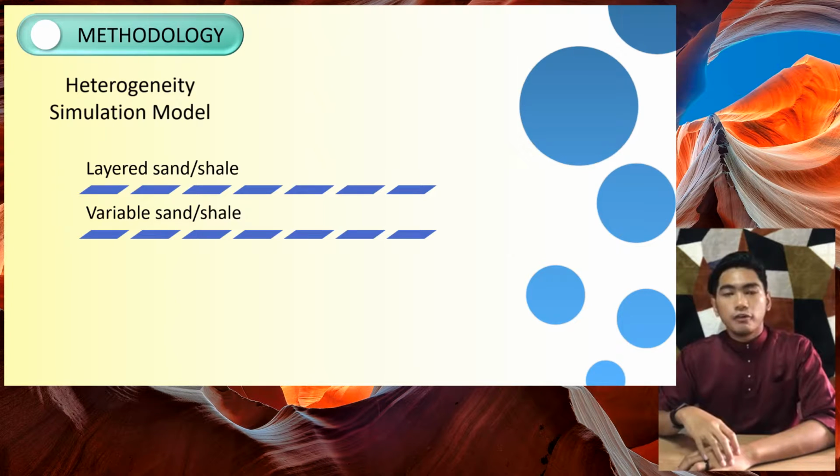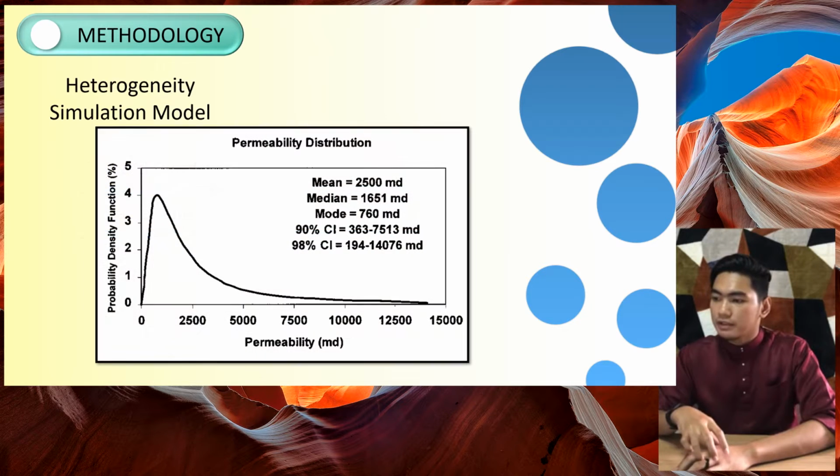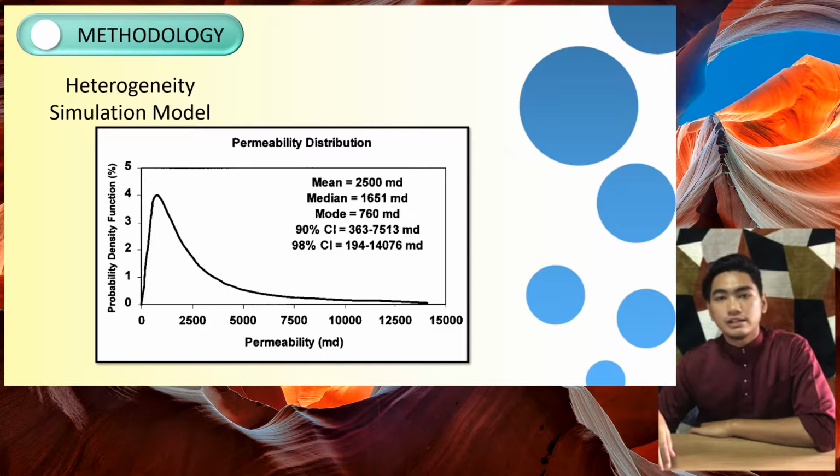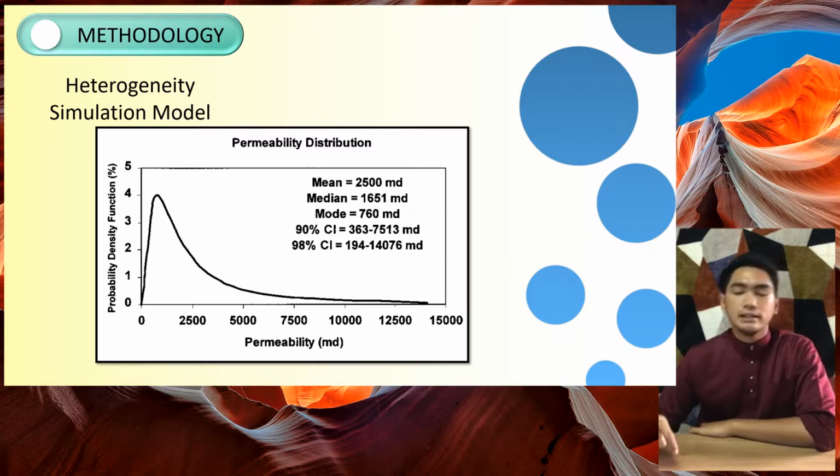And for both models, the probability density function of permeability used is a log normal distribution, which you can see in the shape, where a large percentage of the permeability values is low. The mean is about 2,500 and the maximum permeability is 760 millidarcy.